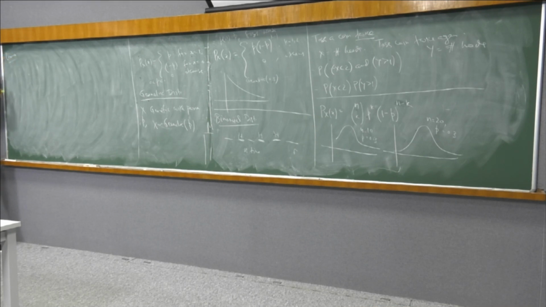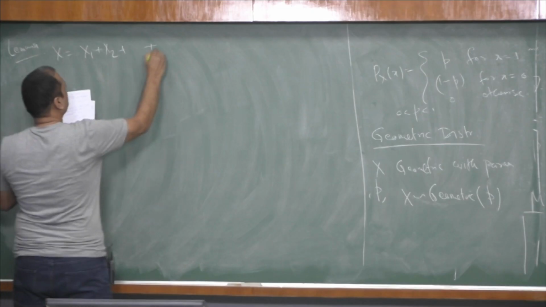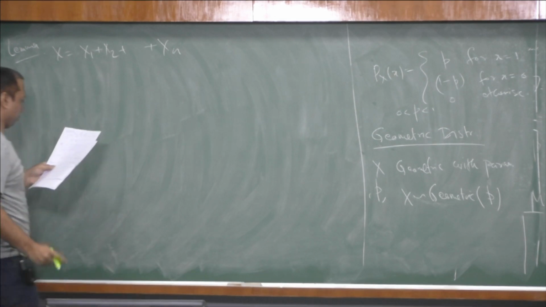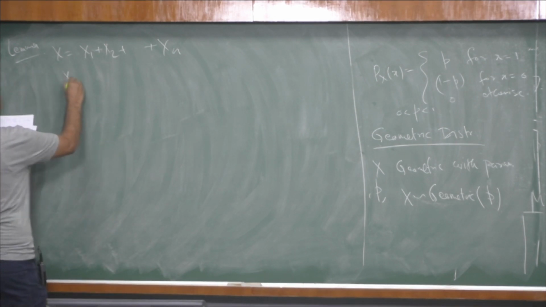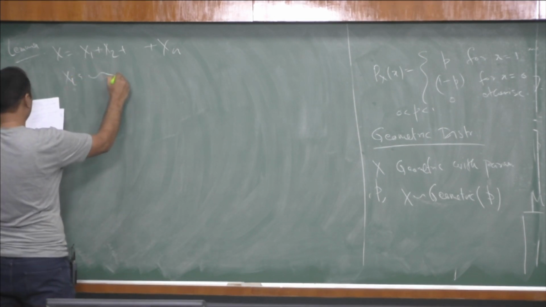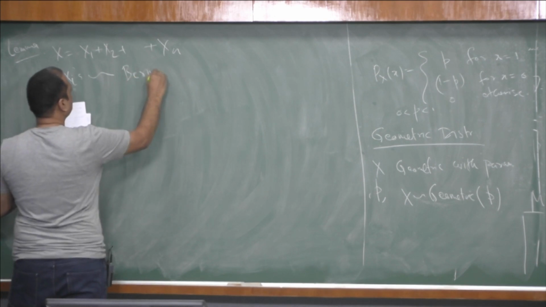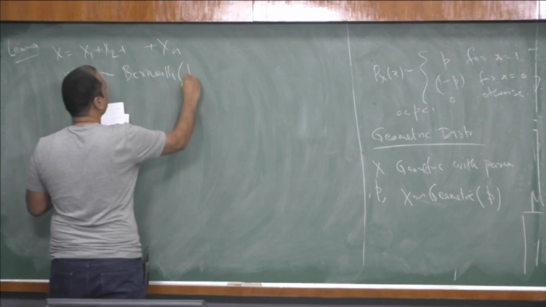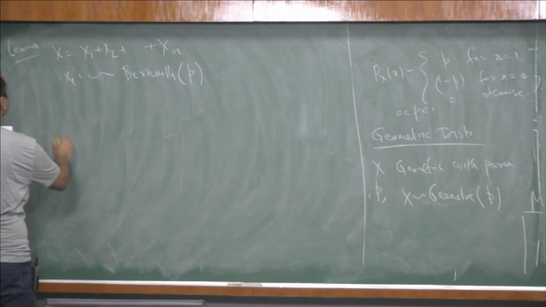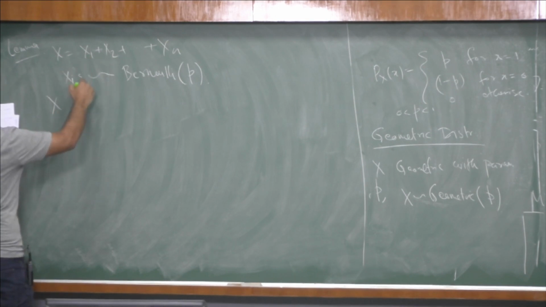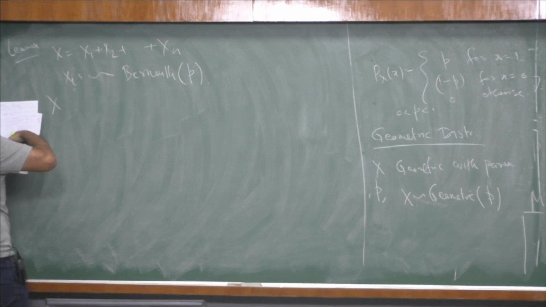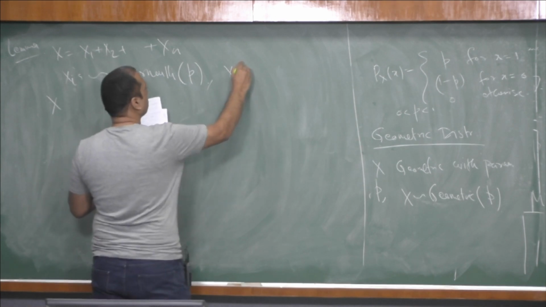One can prove this. I will not prove many things, but one can do this: X equals X1 plus X2 plus ... plus Xn, where the Xi's are Bernoulli with parameter p. And the Xi's are independent, otherwise it's not possible.